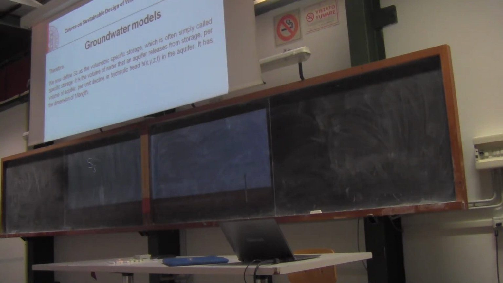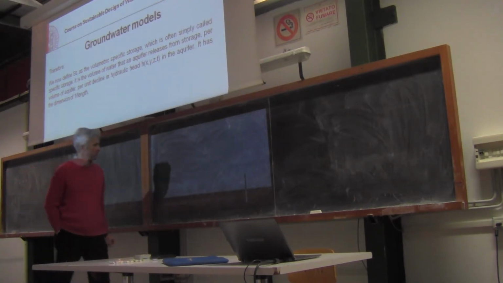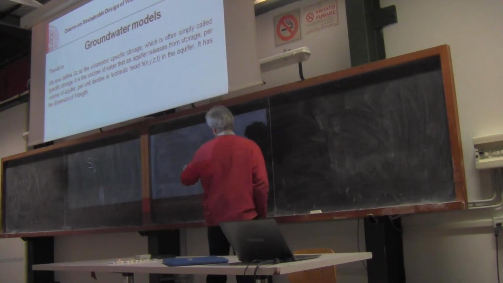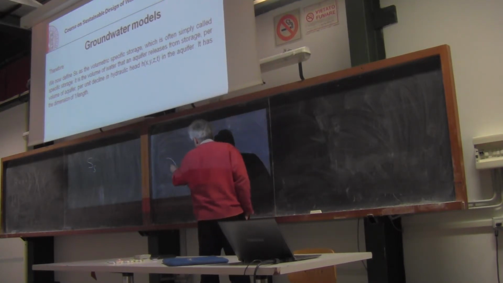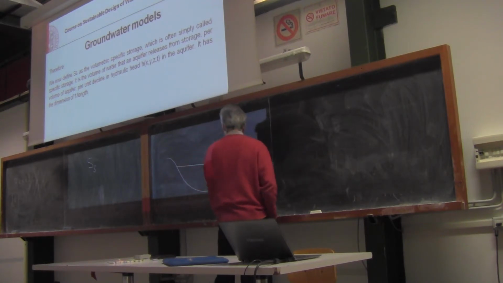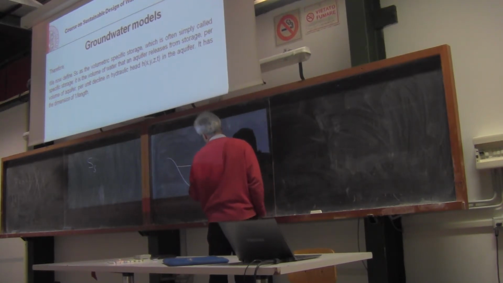And then, if we neglect it, how can we measure the hydraulic head for an aquifer? Let me depict an aquifer here. First, an unconfined one. So let's suppose that this is the surface.